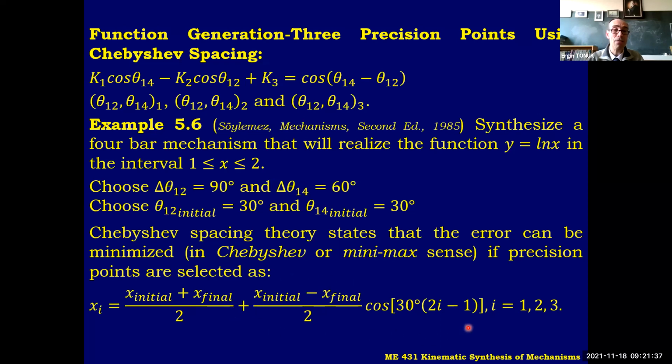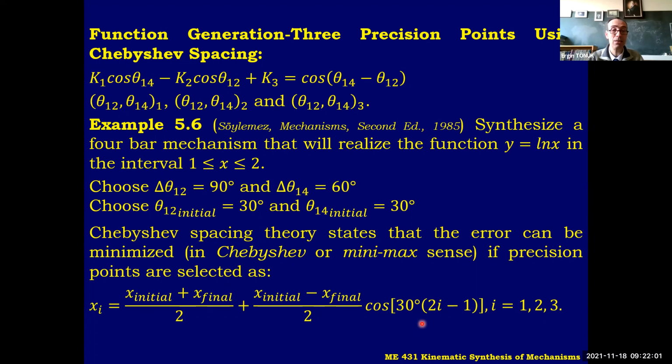And then you just put the precision points in such three places that one is actually at the midpoint. The other two are close to the two ends, but not the end points. So those precision points are in the range, equally spaced.